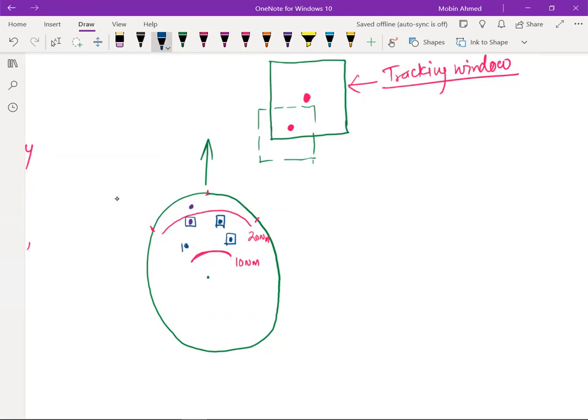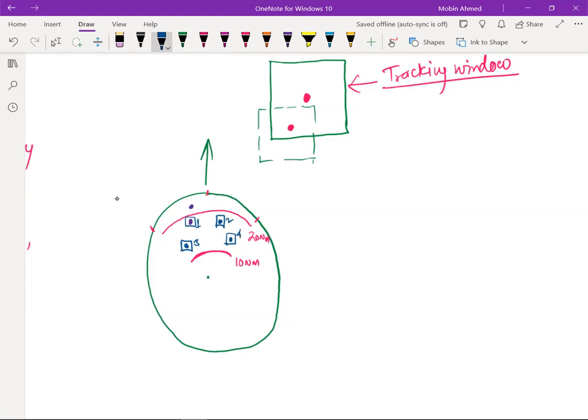Suppose this is 1, this is 2, this is 3, this is 4. Likewise, the total 20 targets are going to come, and all 20 targets will be automatically tracked and plotted. Both tracking and plotting will be there. If it is tracking, it can plot automatically, simultaneously plotting minimum 20 targets.